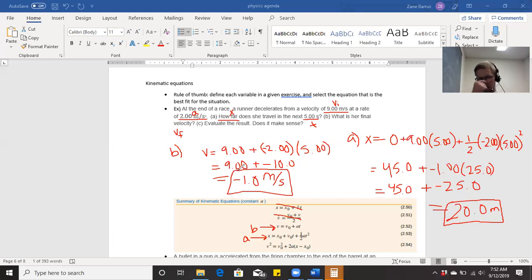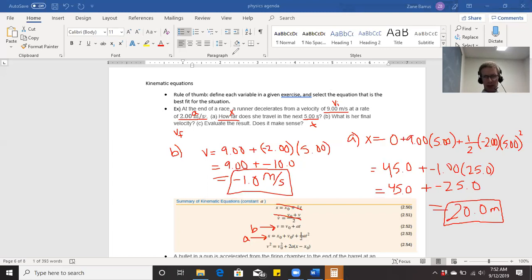So just be aware that sometimes you need to evaluate the real world practicality of the calculations you're doing. Half of our answer makes sense, half of our answer doesn't really make sense.